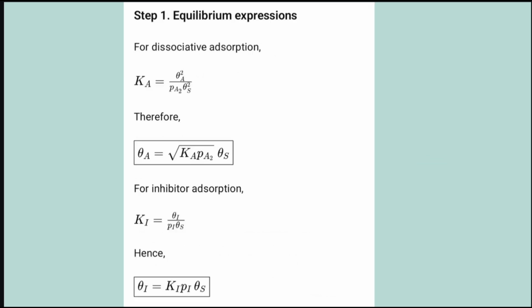For dissociative adsorption, Ka is equal to theta A square divided by Pa2 theta S square. Therefore, theta A is equal to root of Ka into Pa2 into theta S. For inhibitor adsorption, Ki is equal to theta I divided by Pi theta S. Hence, theta I is equal to Ki Pi into theta S.